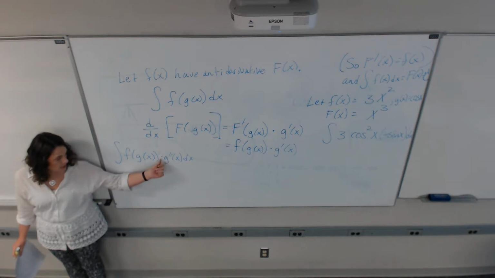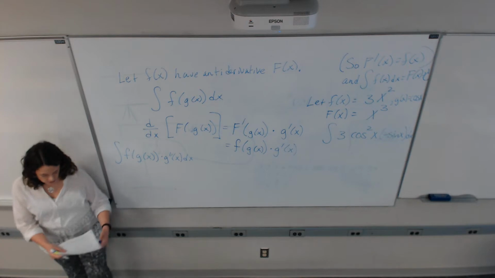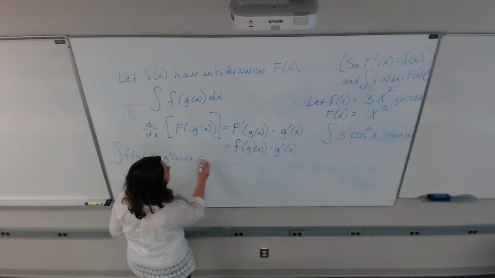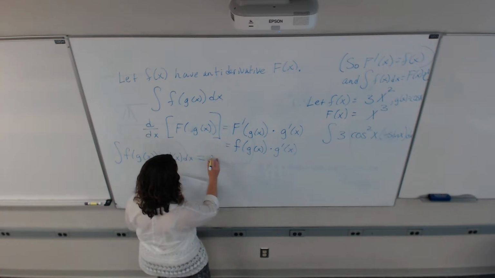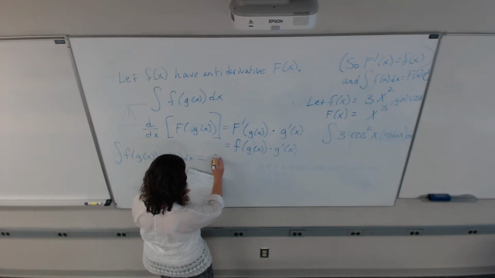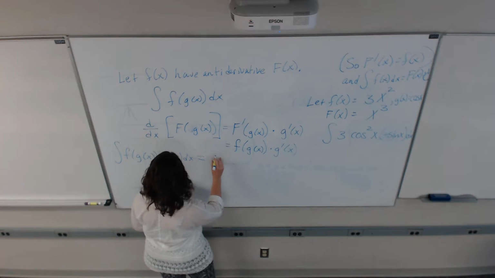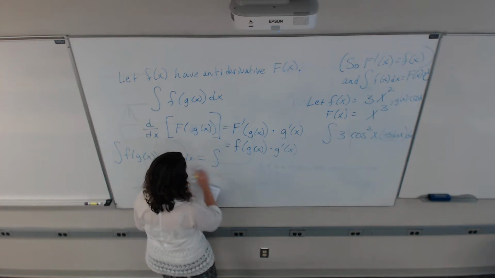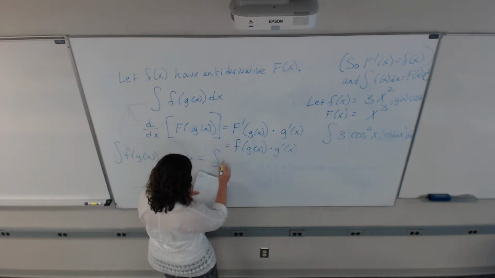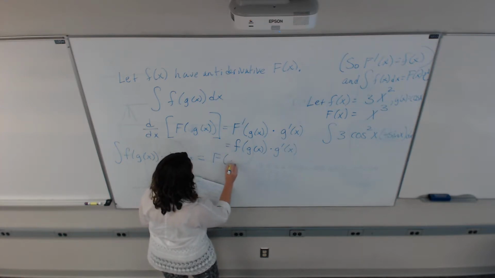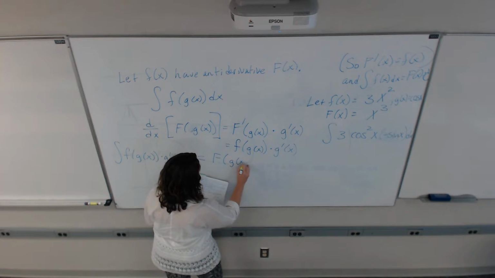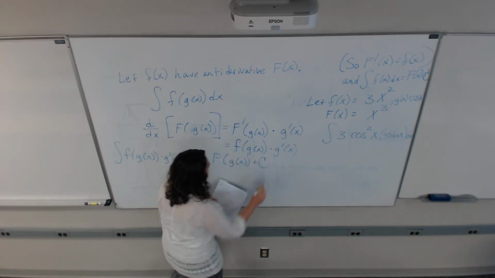Composed function times derivative of the inside function, then the original antiderivative with the g of x plugged in becomes an antiderivative for the composition. So this is going to give me capital F of g of x up to a constant.